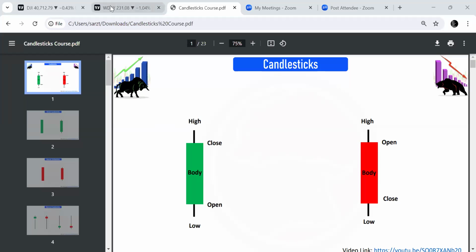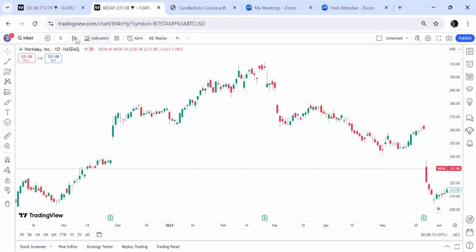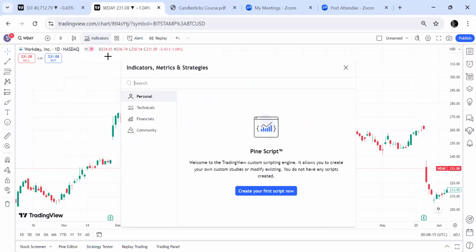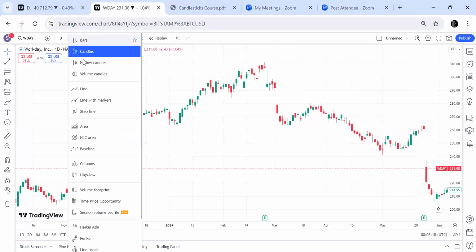In technical analysis, there are various charts available. Here you can see line charts, bar charts, area charts, candlestick charts, and Heiken-Ashi charts. Each chart has a different specific purpose and offers a different perspective on market data.